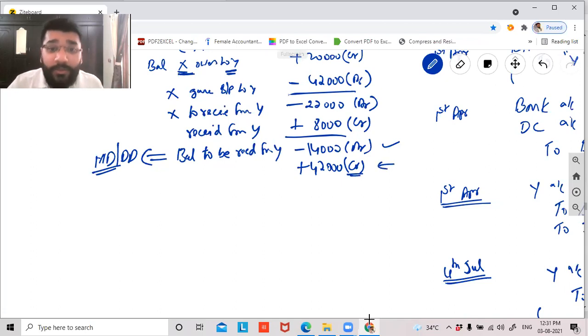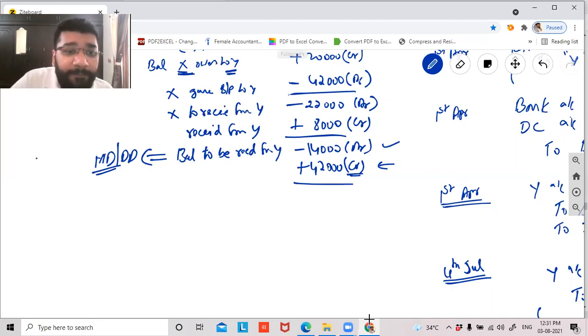Before this entry, guys, X was supposed to receive 14,000 rupees from Y. Now after the bankruptcy, 42,000 is gone from Y's bank account. X has to pay this money to Y now. So what is the net amount?